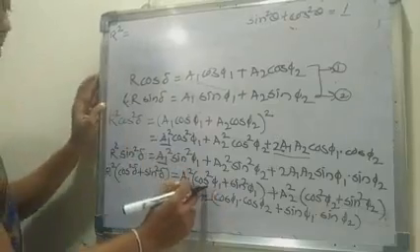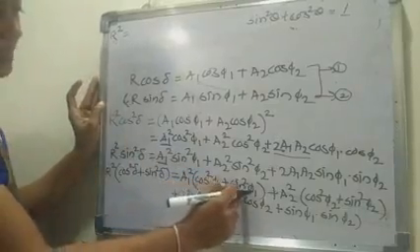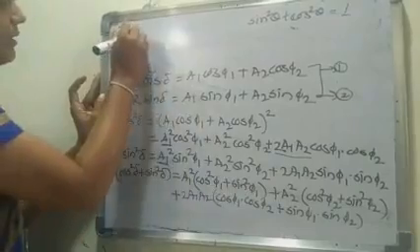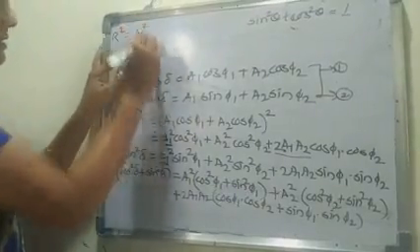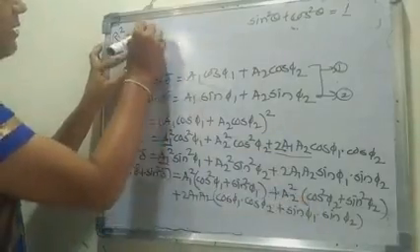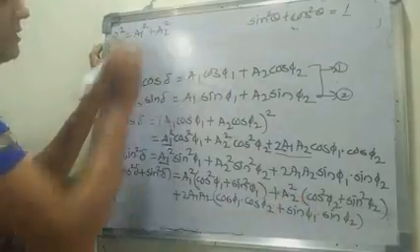Similarly here cos square phi plus sin square phi is 1, so 1 into A1 square is A1 square, plus similarly we get A2 square.